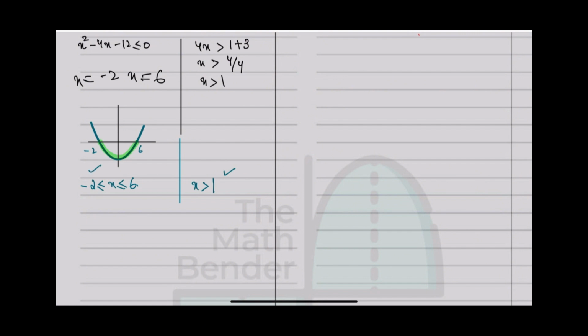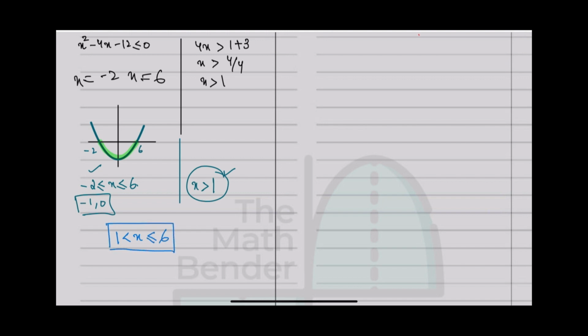But it says x is greater than -2, which caters to -1, 0. So if I take -1, 0, then these two values do not comply with this one. So both the inequalities have to be true. So that is why we take 1 is less than x, which is less than or equal to 6.